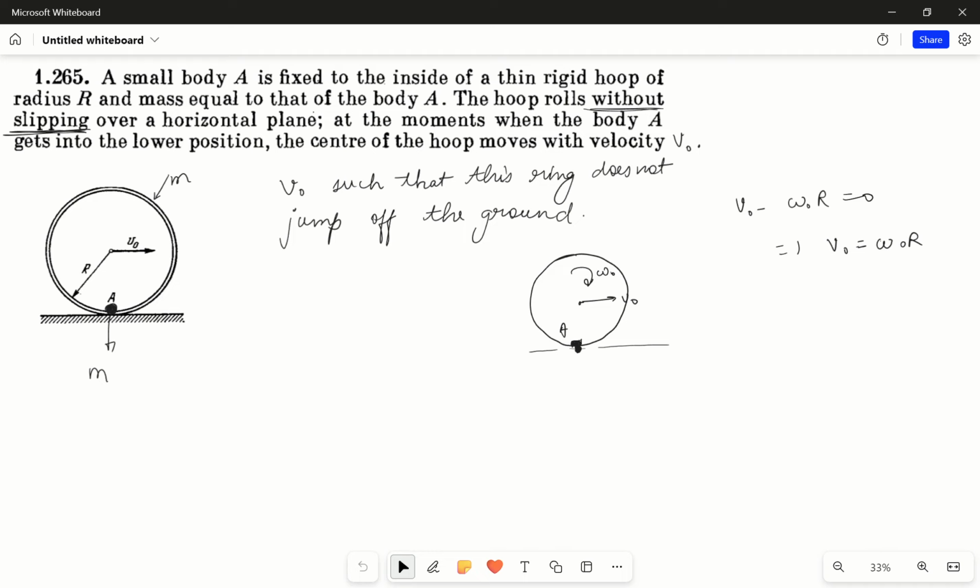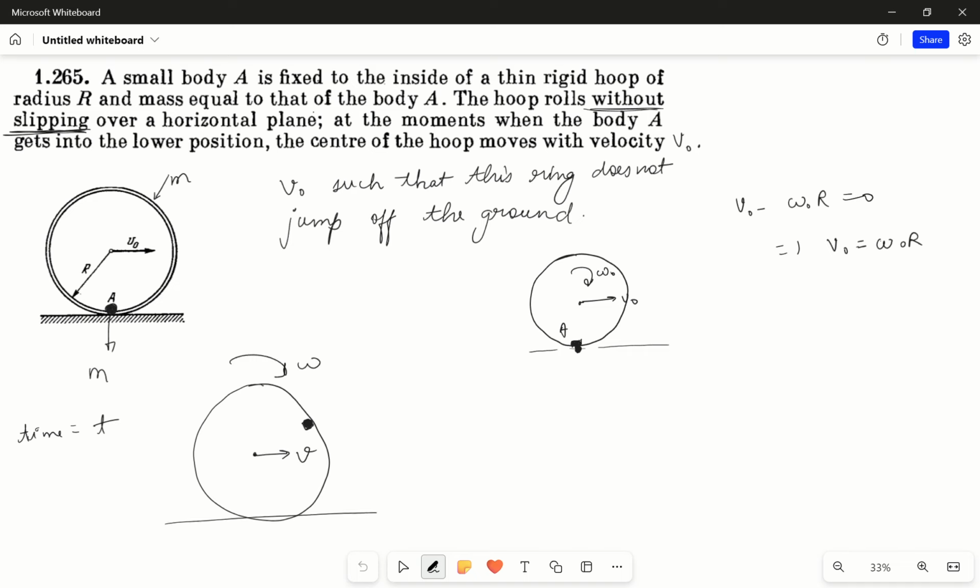Okay, and after some time, let's say at time t, this body would come somewhere here, and this ring would be moving forward with the velocity, let's assume it as v, and it would be rotating with omega.